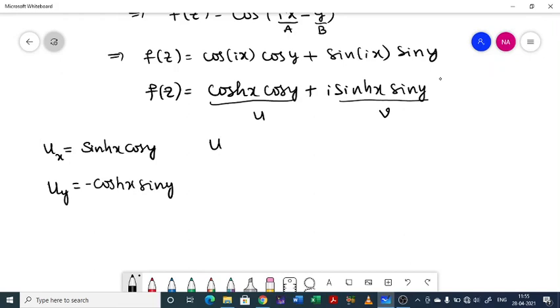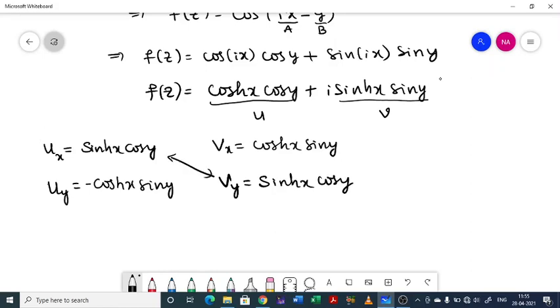And vx equal to, we have to differentiate with respect to x, right? So cos hx sin y, and vy equal to sin hx cos y. So these two are equal and these two are equal with opposite sign.